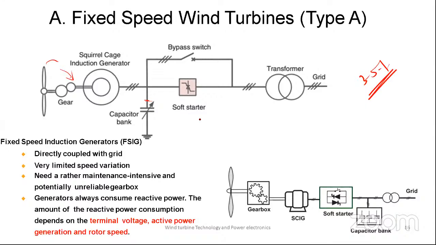So the reactive power, the voltage is less in this. Whenever the wind turbine is starting, it will draw more power from the grid.